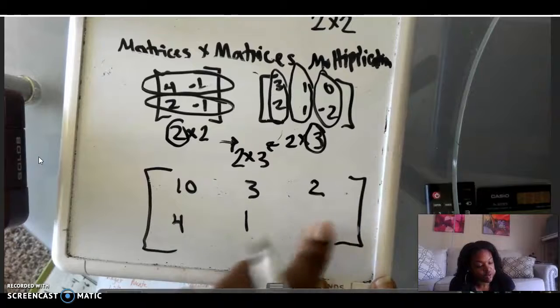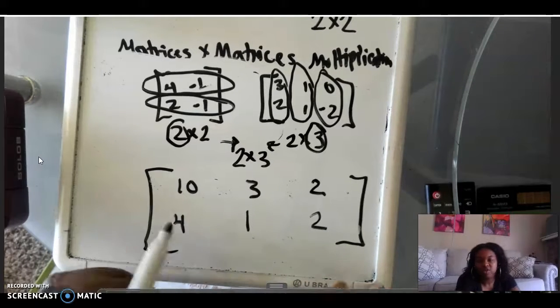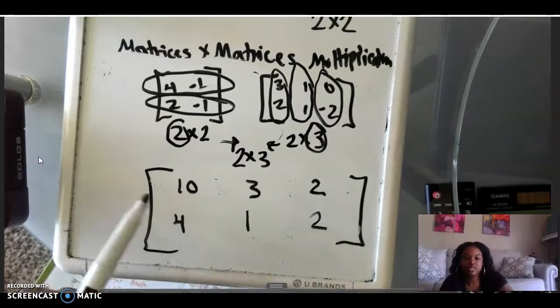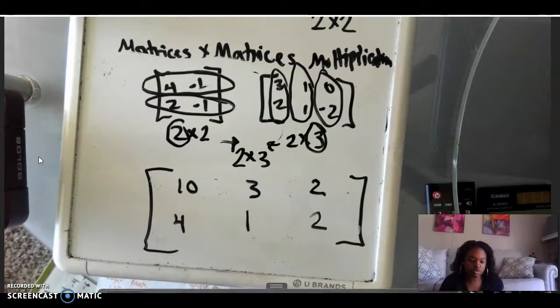And 0 plus 2 is 2. So this is our final matrix, and again it is a 2 row 3 column matrix, or 2 by 3.